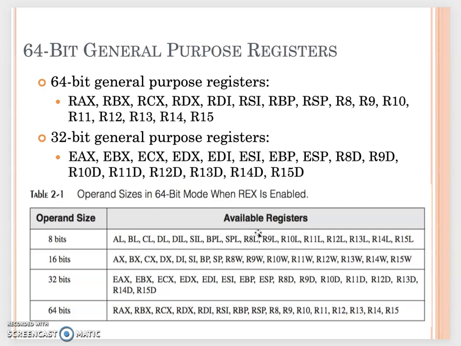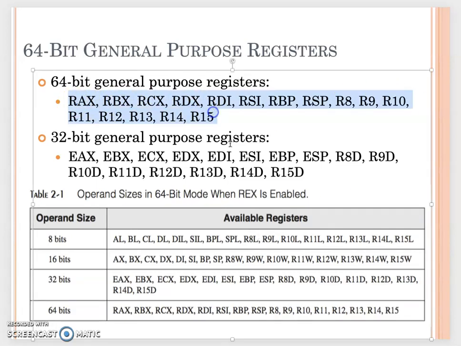That's a very important concept. You only have these 16 registers, but depending on how you use the register name, the operand size is different. So those are the 16 general purpose registers in the 64-bit environment.